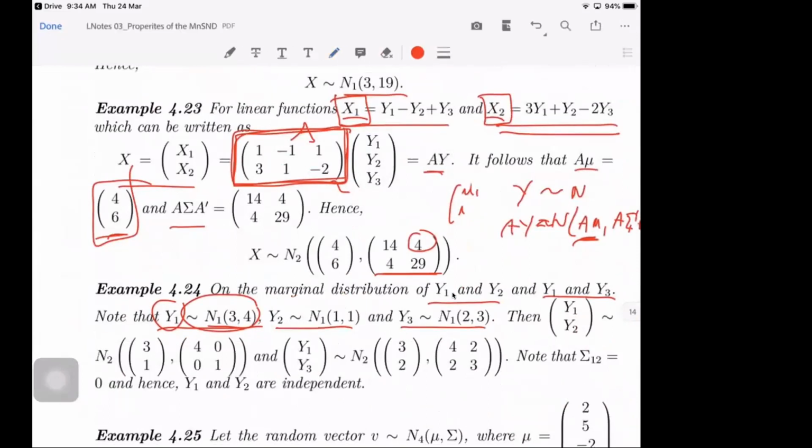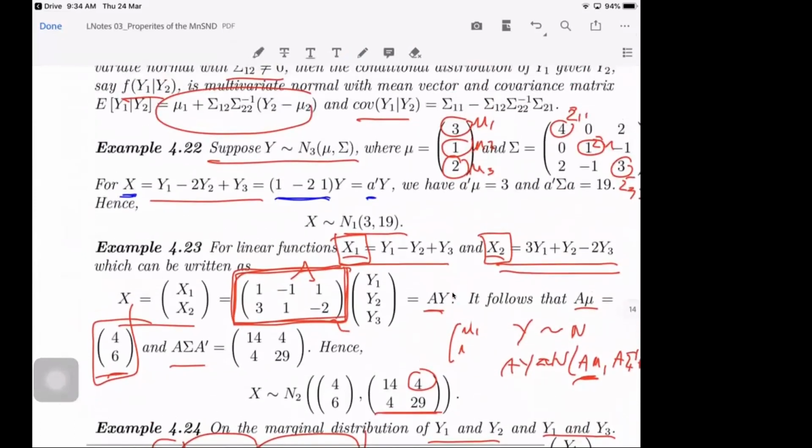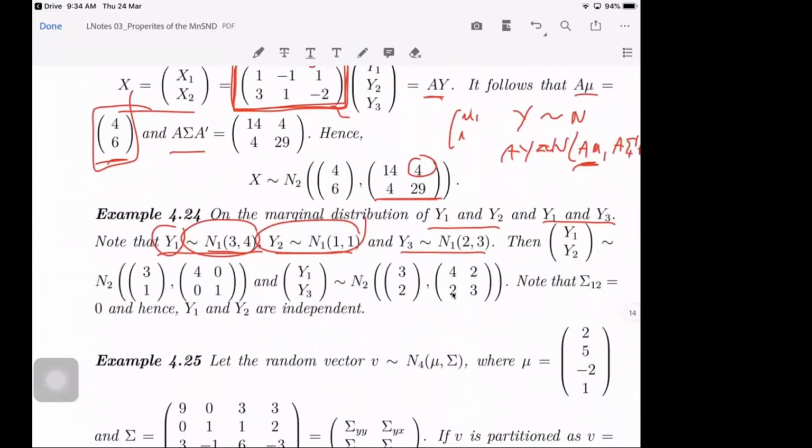And y3 is 2, 3, which is this. So all of these examples have those matrices and vectors as reference.